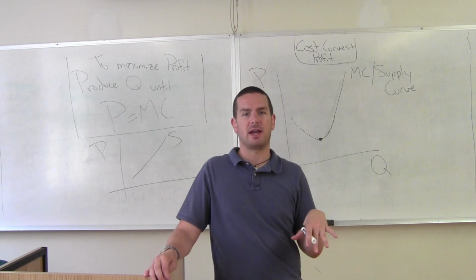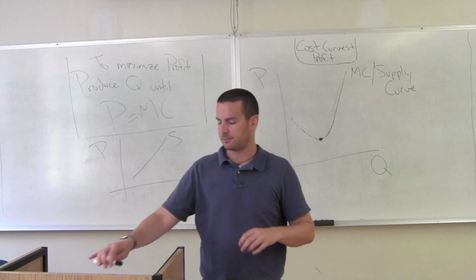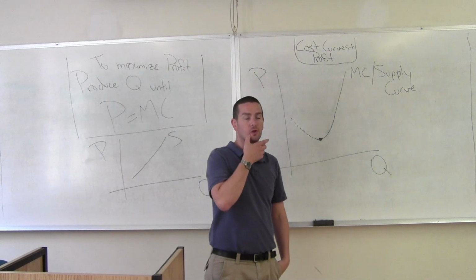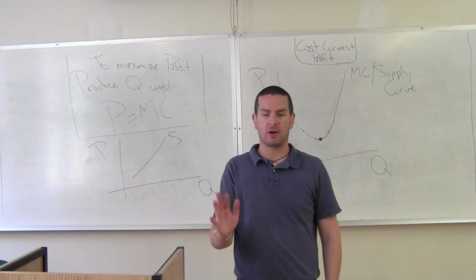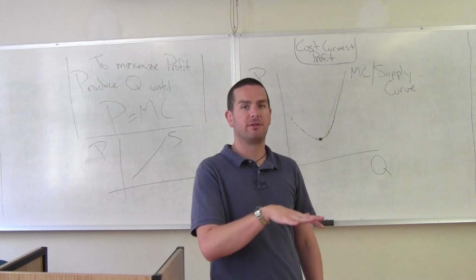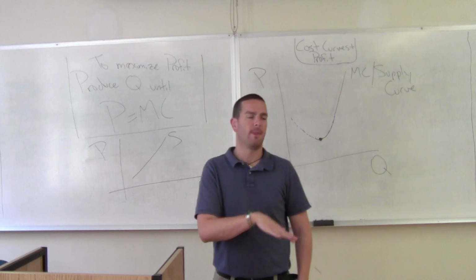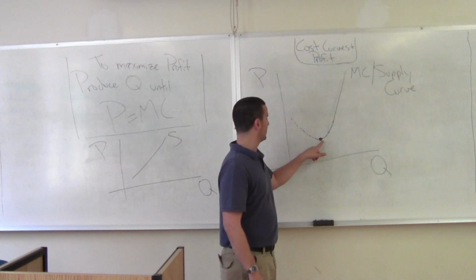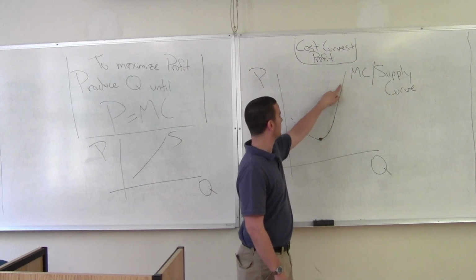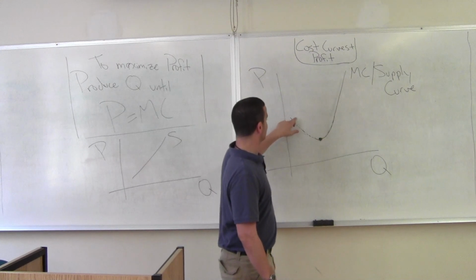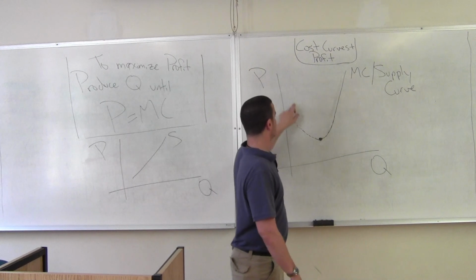They're below the shutdown point, so you wouldn't produce at them. But they are still a portion of the marginal cost curve. So this is where the supply curve begins. This is your supply curve, but this is the marginal cost curve.